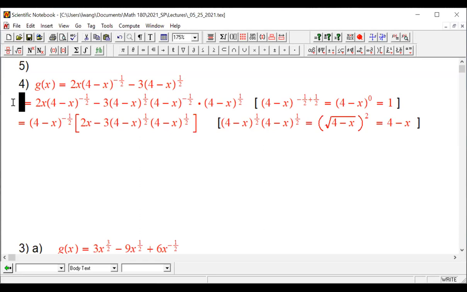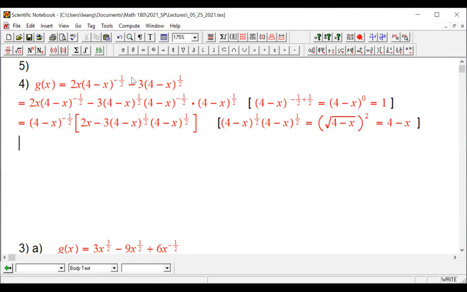Okay. So now with that being done, we continue the simplification. And then we have the bracket over here. We have the 2x here minus 3 times 4 minus x. All right. So can we simplify that?